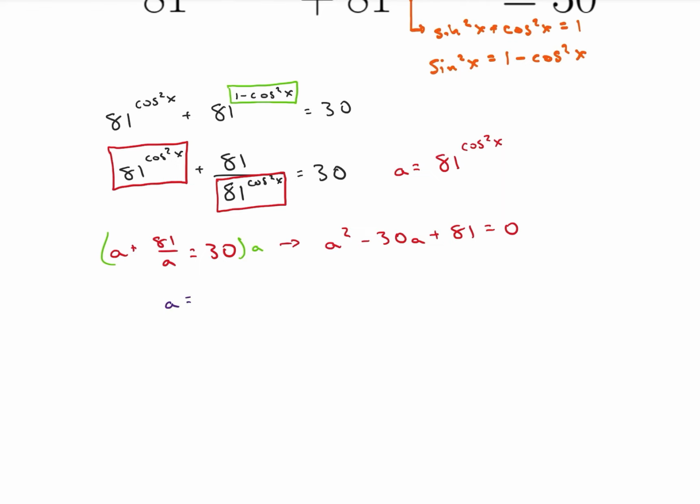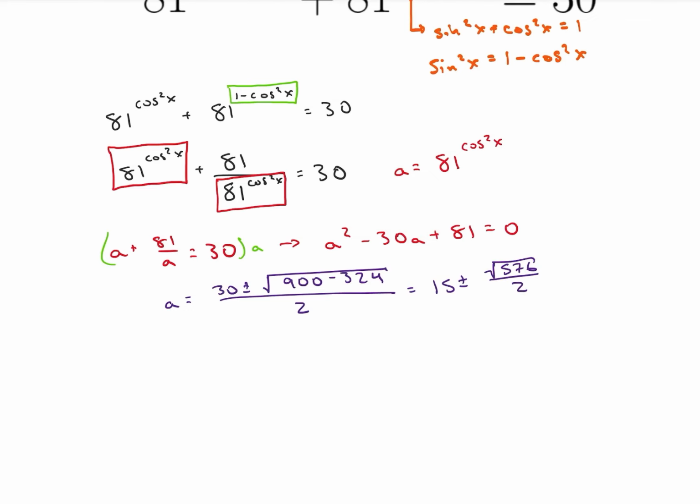All right, so now let's use our quadratic formula to see what a is in this case. So a is going to be 30 plus or minus the square root of 900 minus 4ac, so 4 times 81 is 324, over 2, which is going to give us 15 plus or minus the square root of 576 over 2.